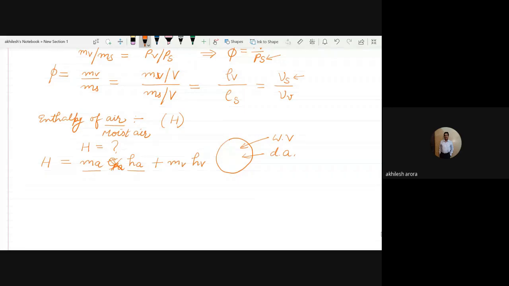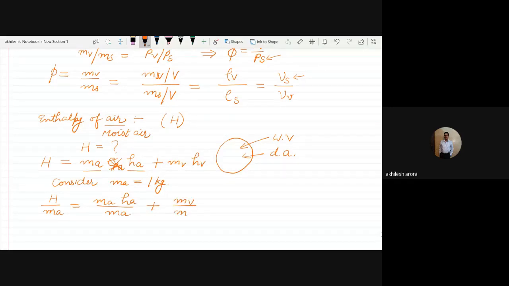Now normally what we do, we consider that the mass of the dry air part is equal to 1 kg, or otherwise I can also write it as H by MA is equal to MAHA divided by MA plus MV divided by MA into HV.